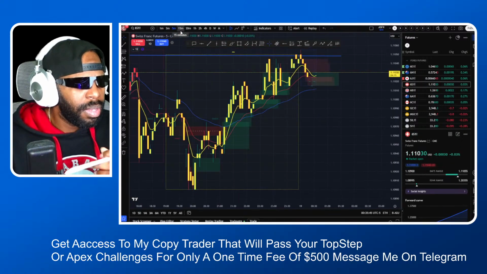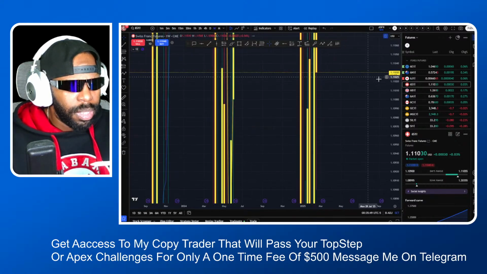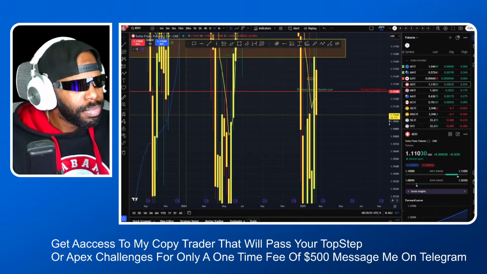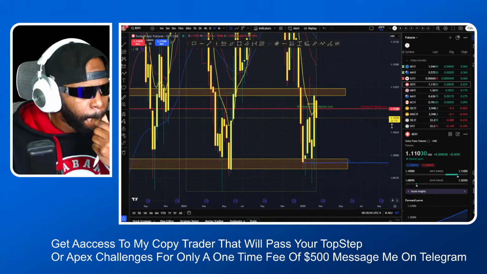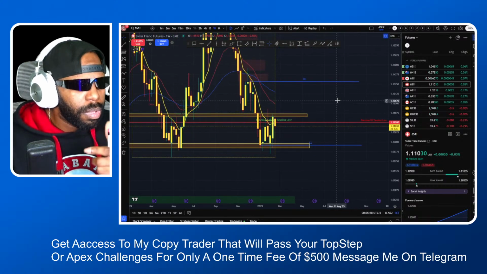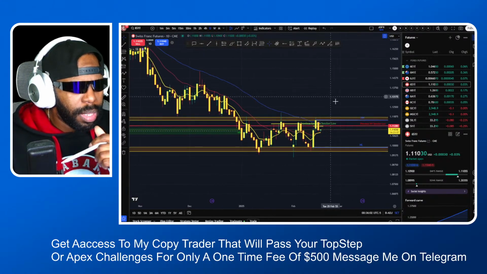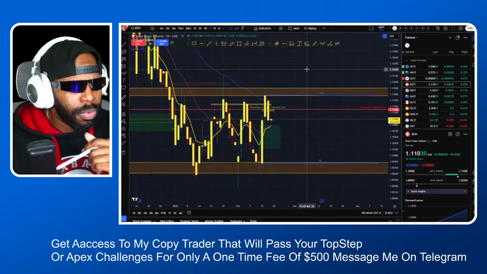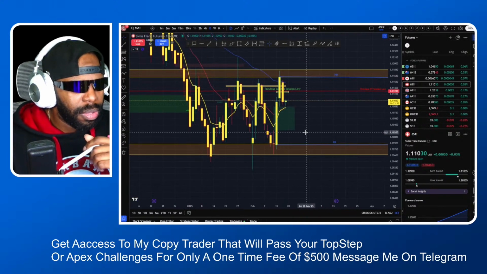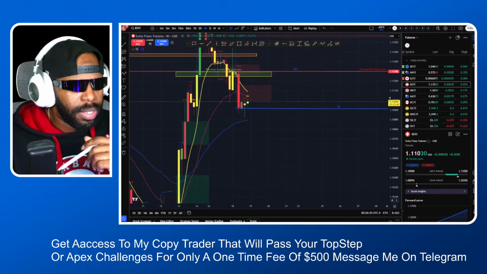Let's look at the Swiss franc. Let's look at the weekly. We're bearish. We're creating lower highs and lower lows. And then on the daily, we're creating higher highs and higher lows. And then on the 4 hour, we're creating lower highs and lower lows.